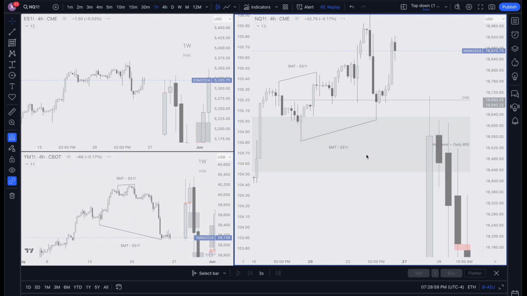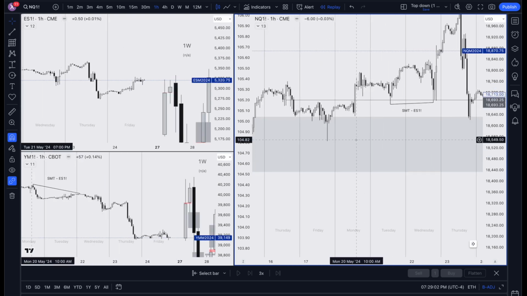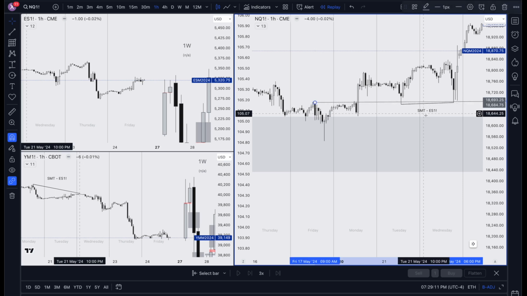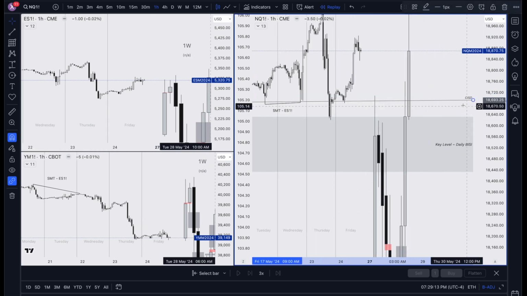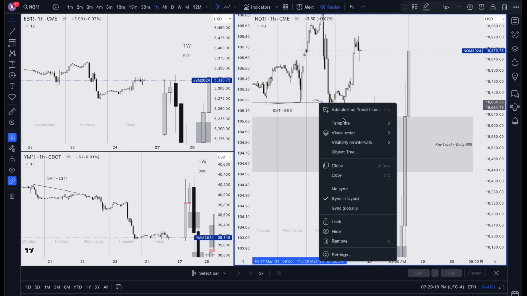On the hourly chart, I like it even more because I see these three down close candles and this up close candle. All of these candles give me a very nice, refined change in state of delivery. So I'll mark that out.